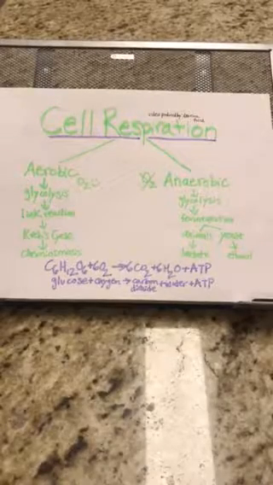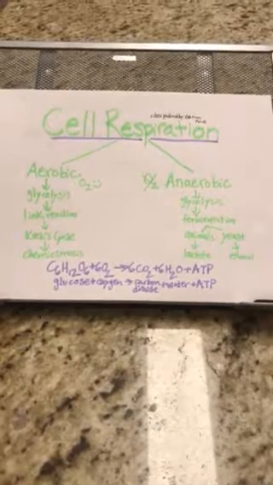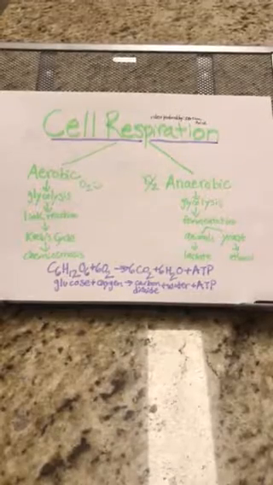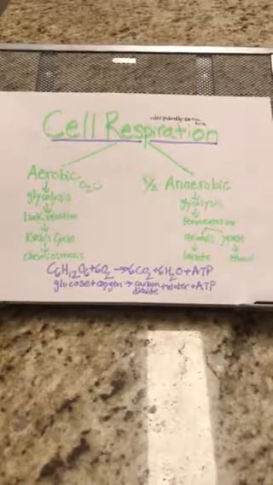However, cells must go through many steps before these end products of 6CO2, 6H2O, and ATP can be reached. There are 4 stages that make up the process of aerobic respiration. They are, in this order, glycolysis, the link reaction, the Krebs cycle, and chemiosmosis.